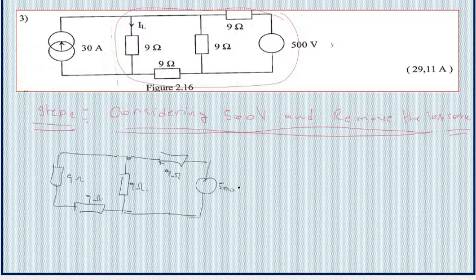So that is 500 volts. Yeah, that's gonna be my actual circuit. So we have the main current, or the total current, that is coming from the supply voltage. So I'm gonna call that I total. Since we are in step 2, I can maybe call it I total 2.